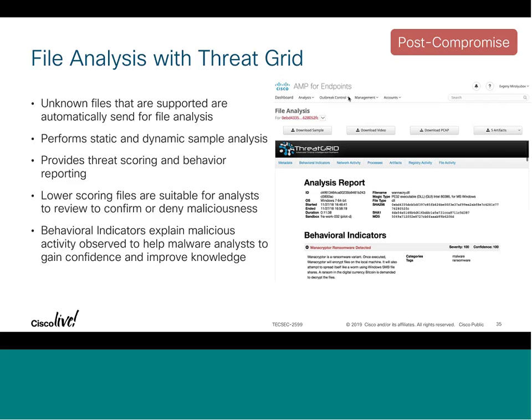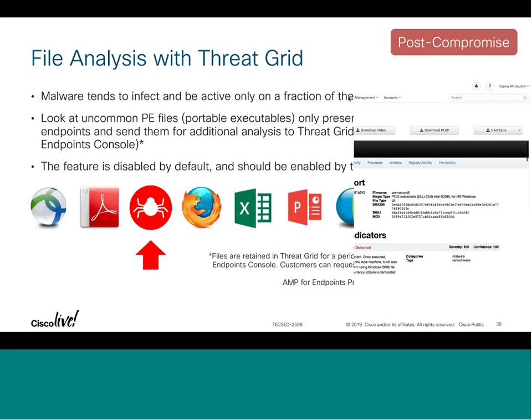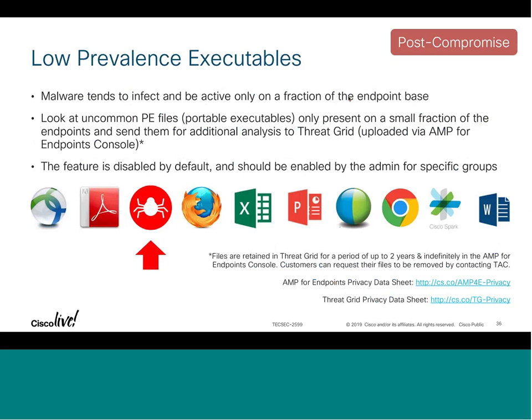Having said that, having all this capability built in and available in the AMP console has always been a really cool thing to show off, and you get a lot of power under the hood that customers can use. The most common way this gets referenced in AMP for endpoints is our low prevalence logic. This does need to be turned on in policy group by group. It's based on the idea that the weird stuff in your environment is of the most interest.